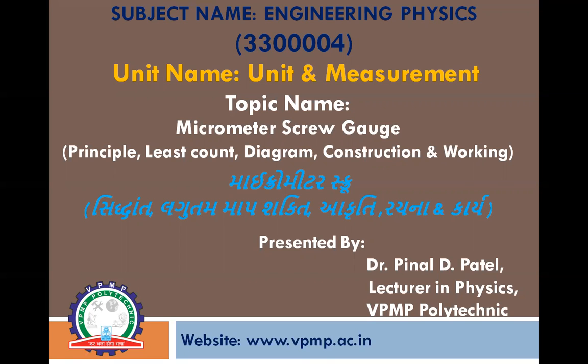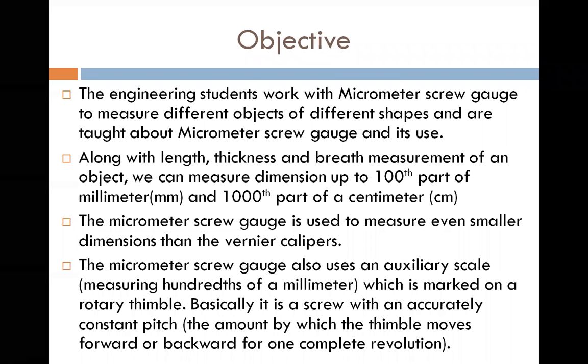This topic is from the chapter Units and Measurement, and the subject is Engineering Physics. We very well know that micrometer screw is a very precise and very important apparatus in the field of engineering.